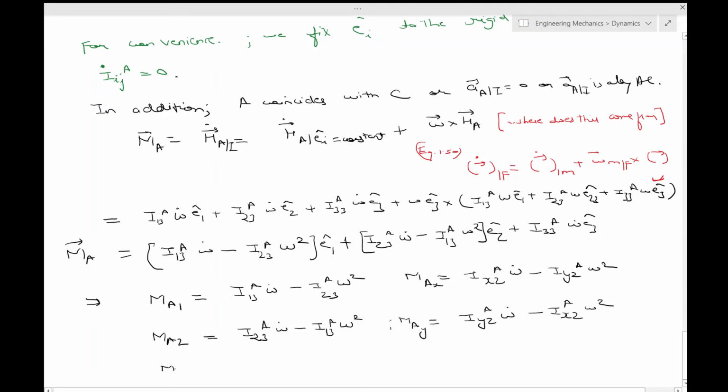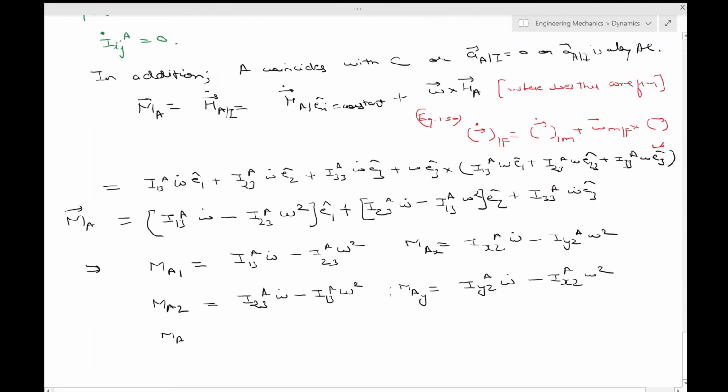Then MA3 is equal to I33A omega dot, or MAZ is equal to IZZA omega dot.